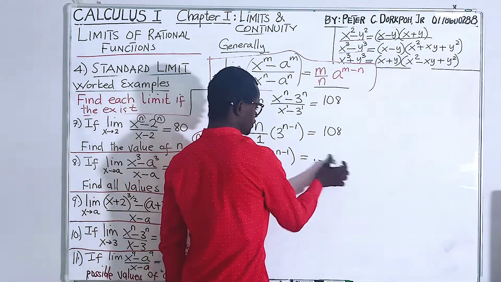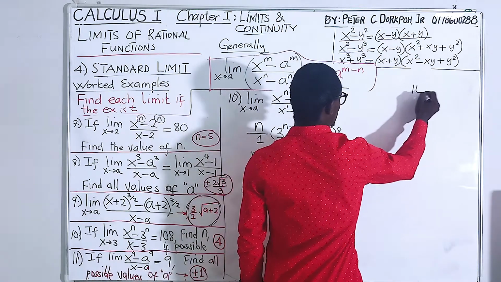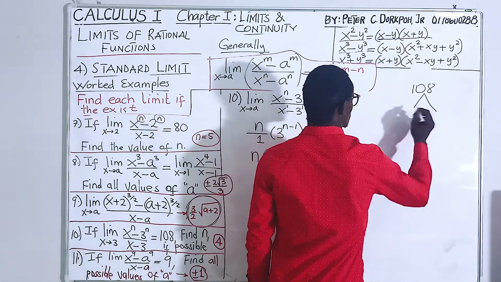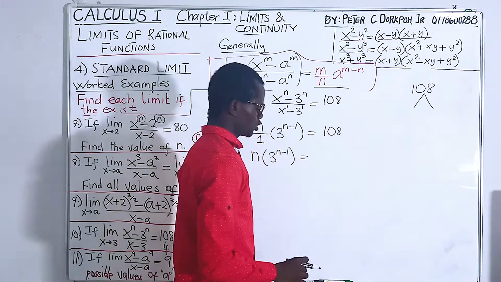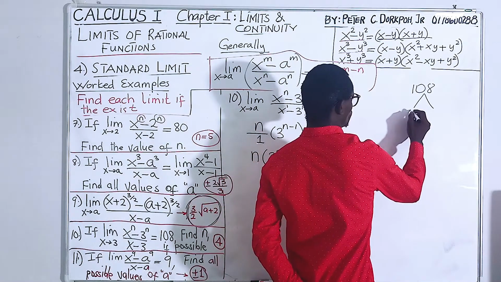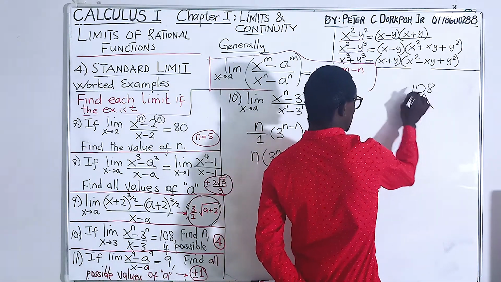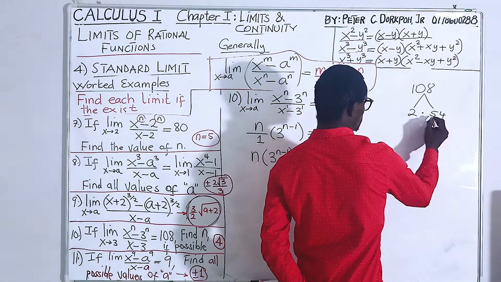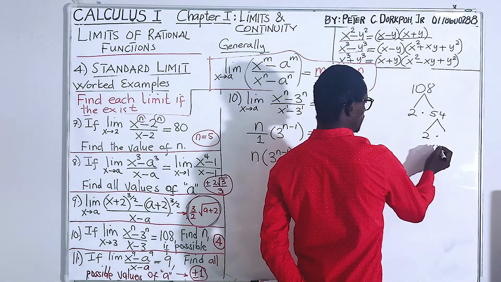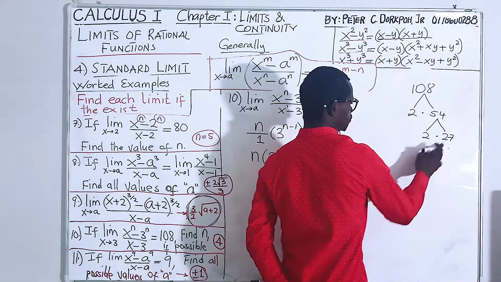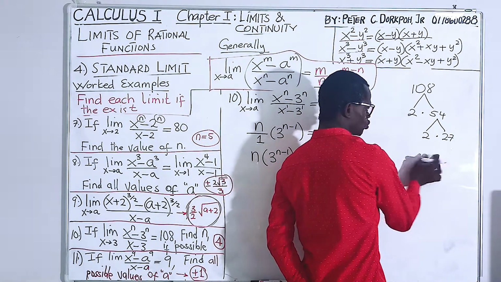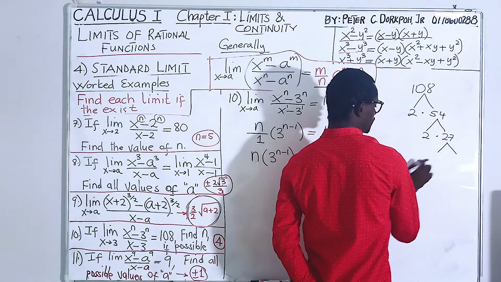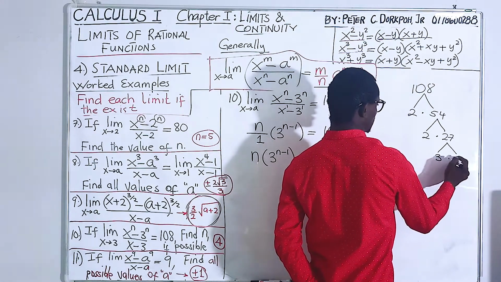Now this 108, we can find the prime factorization of 108. So now 2 times, if you divide 108 by 2 is 54. Again, you divide this 54 by 2, it gives you 27. 27 cannot be evenly divided by 2, but 27, you can have 3 times 9.